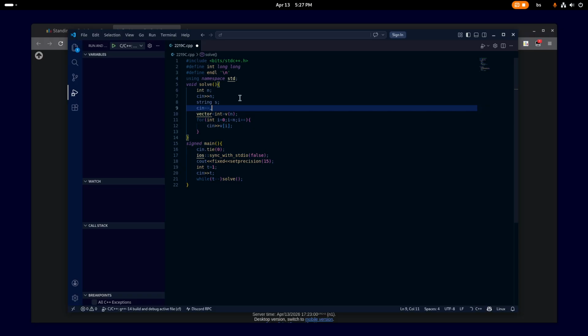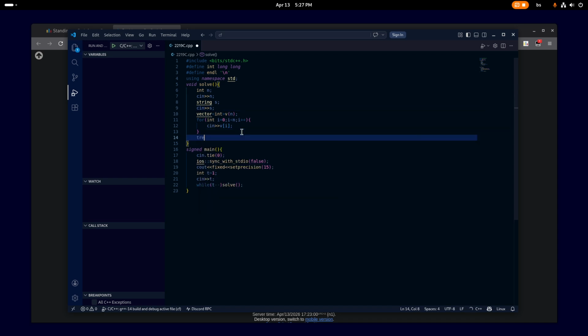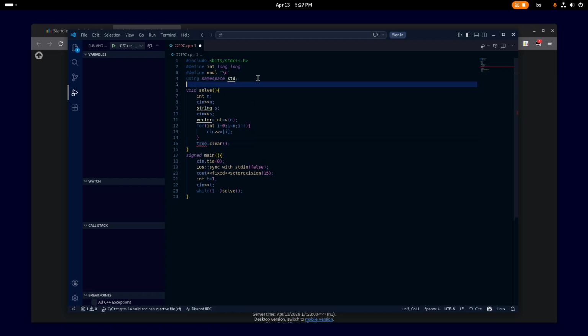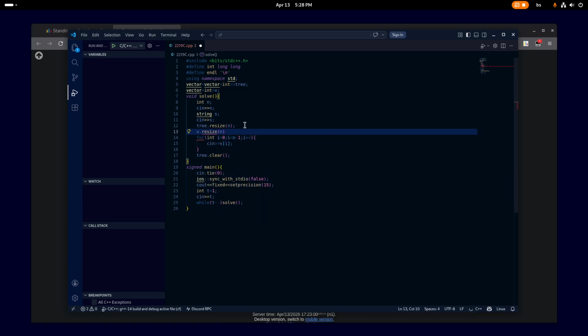string s. Okay. Yeah. I messed up. There's no need for any vector.